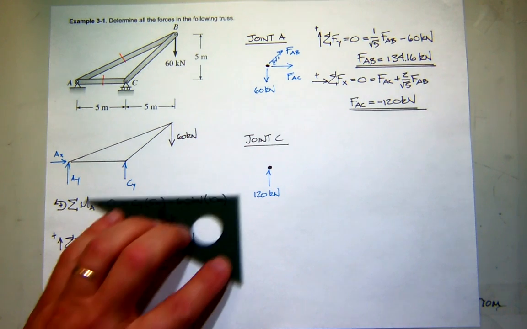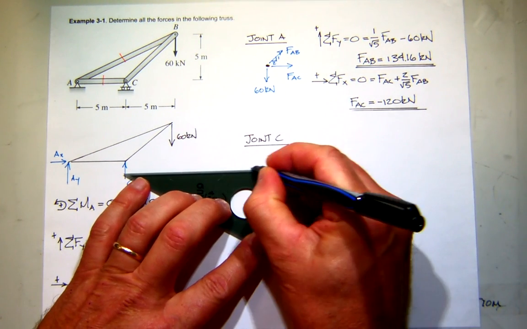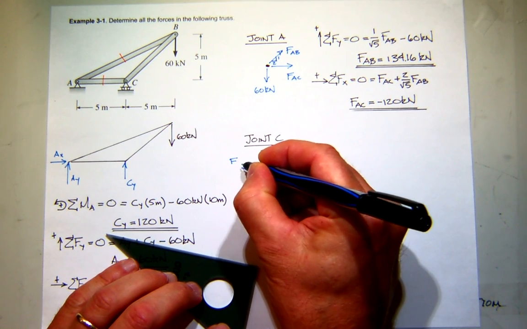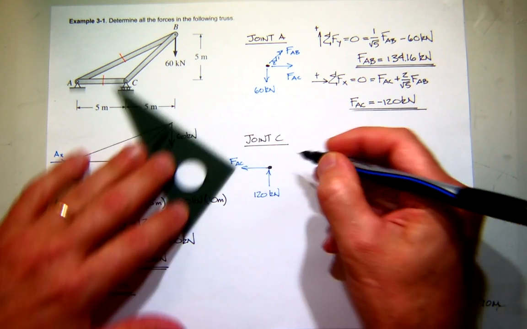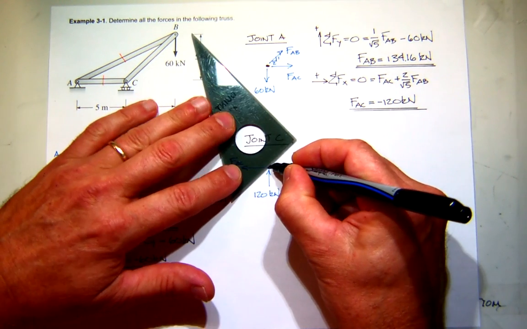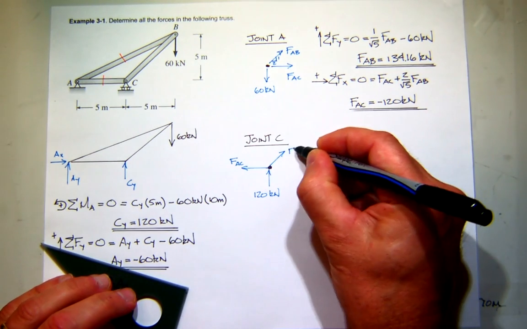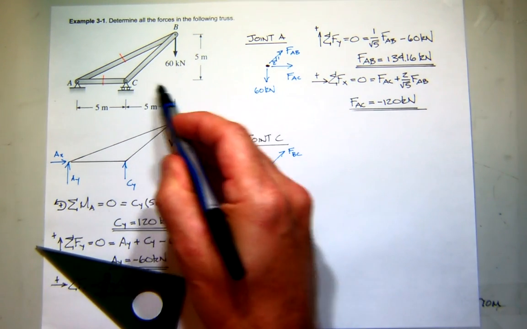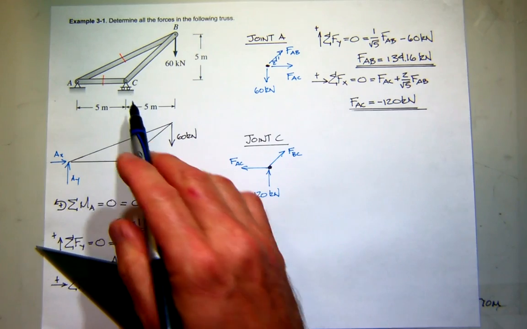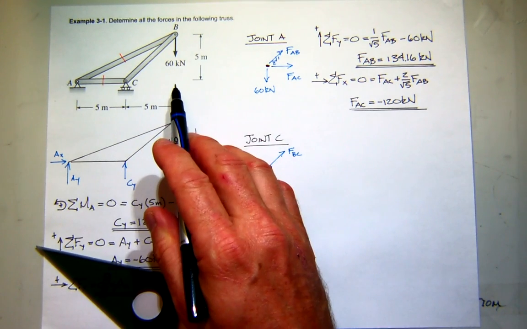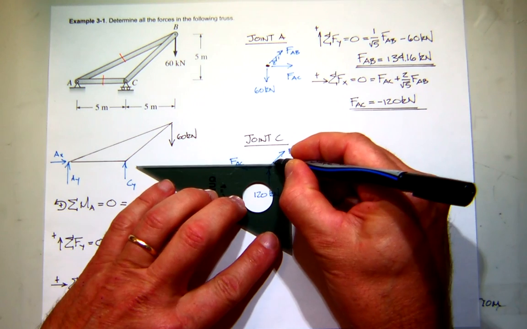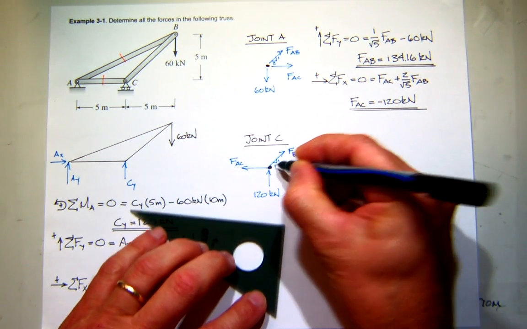I always assume tension. So there's the force in AC, and then there's the force in BC. And looking at BC, what's the slope of BC? A run of 5, a rise of 5, that's basically 1 to 1. So I'll just put that as 1 to 1.